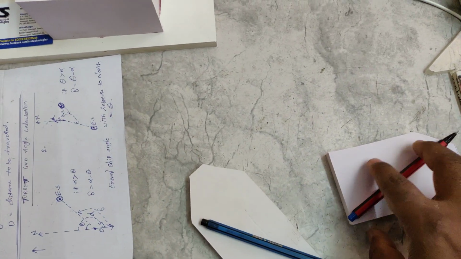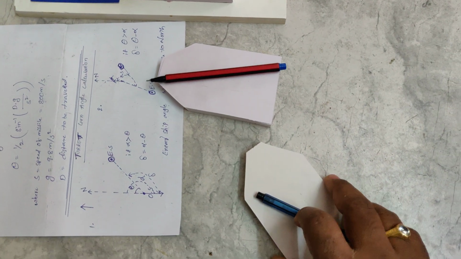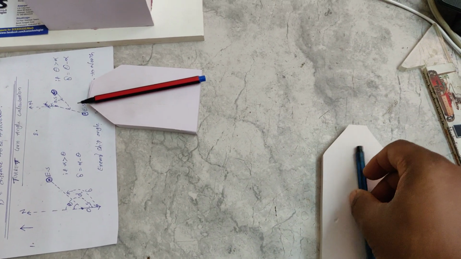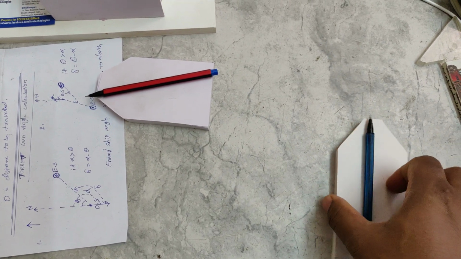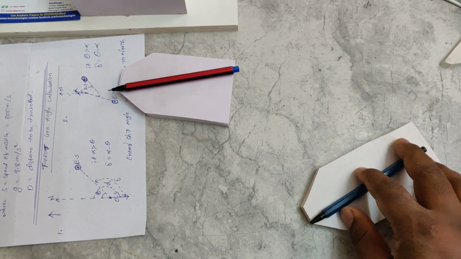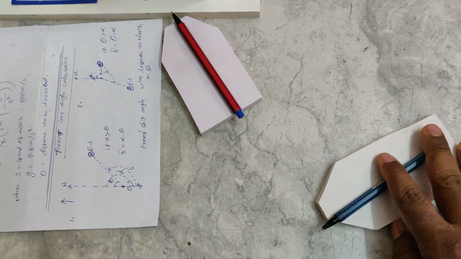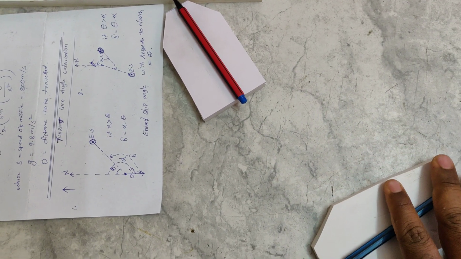Let us take another example. The enemy ship is placed here and my ship is placed towards the direction of around 300. So this is near 300, and the enemy ship is placed here. We need to calculate the angle between me and the enemy ship.